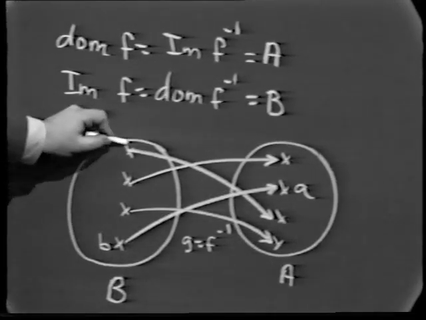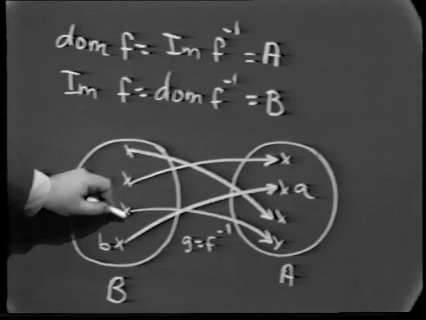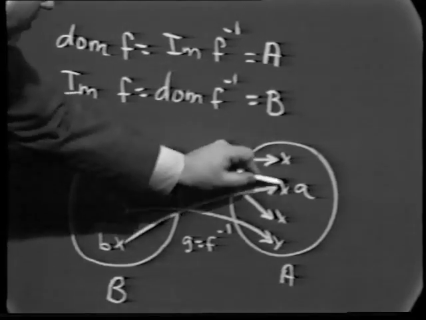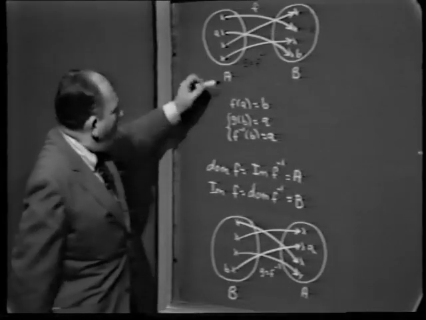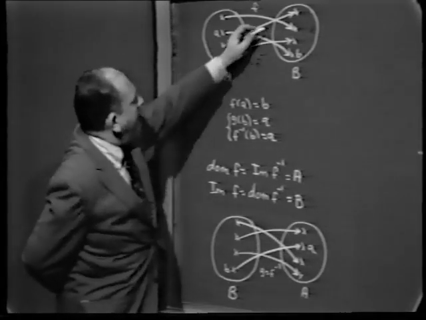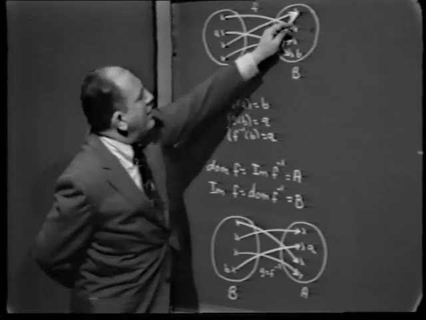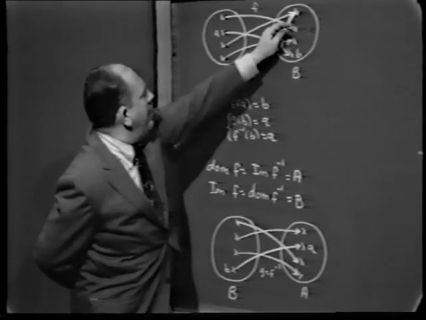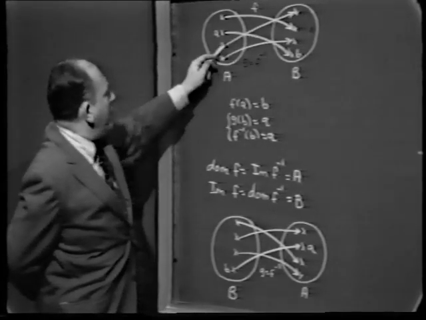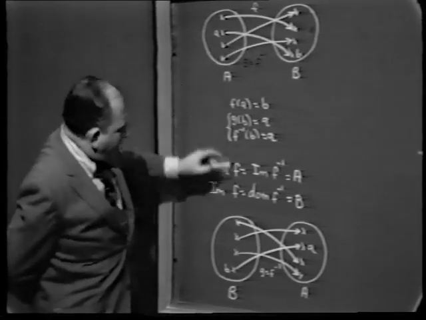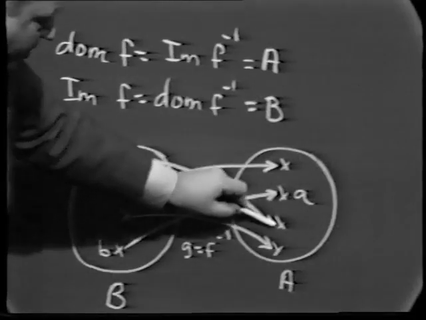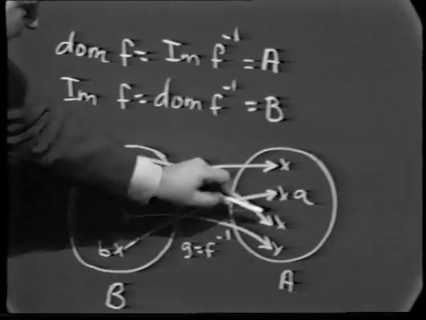And you see, again, we can do this. Here are the elements of B, here are the elements of A, and all we have to do is see what happens over here. For example, if we come back to here, notice that the first element listed in B comes from the third element listed in A. So when I make up the inverse function, I just capitalize on this by writing the same thing.